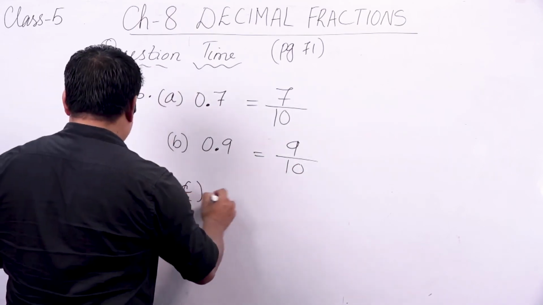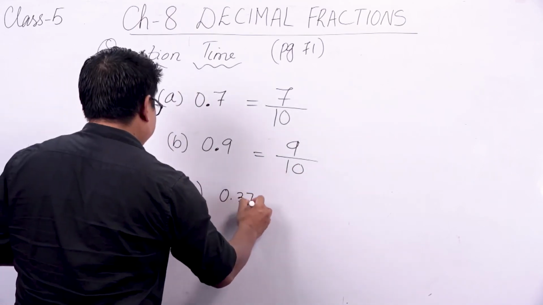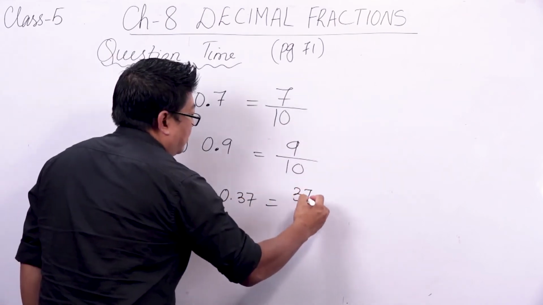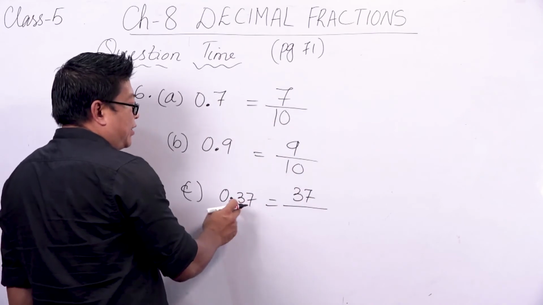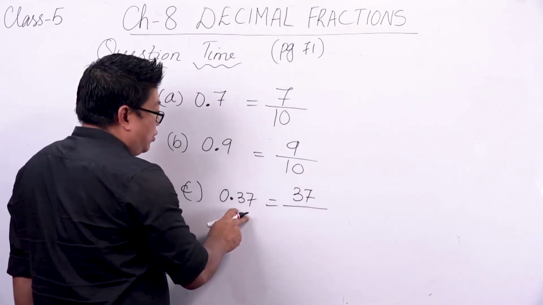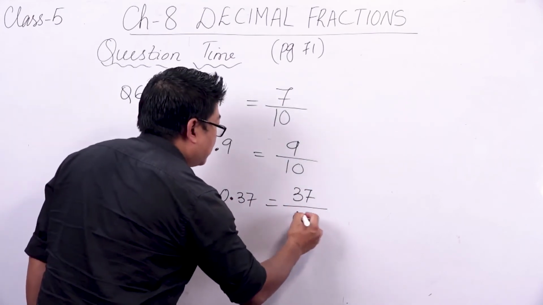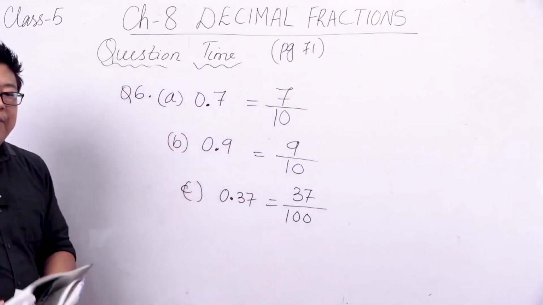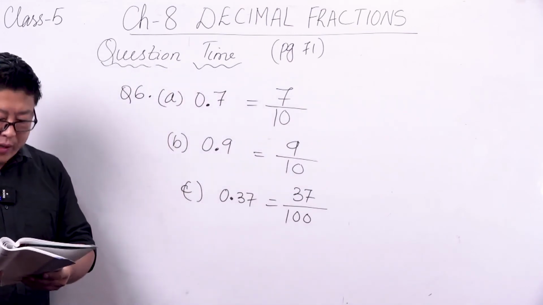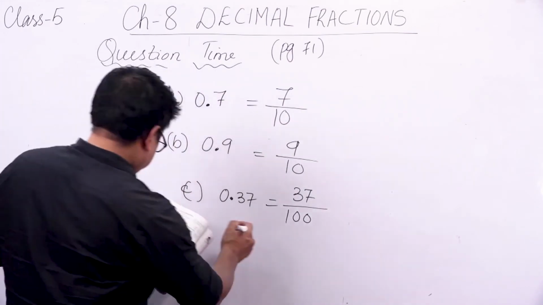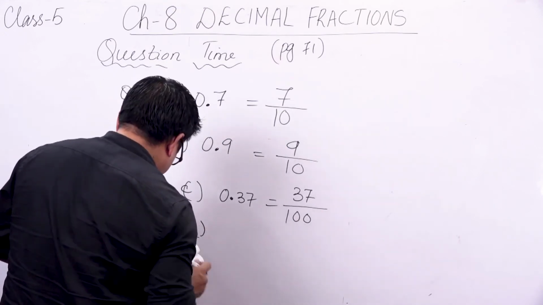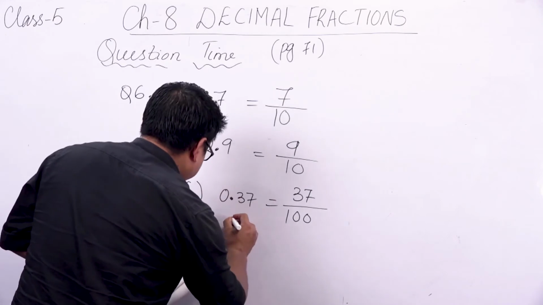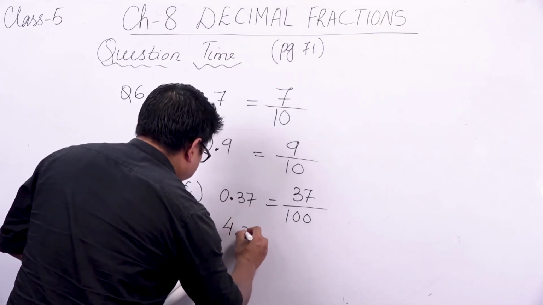Similarly, C, 0.37. Now, without the point, you can write 37, divide by, how many digits here? Yes, there are 2 digits, so 2 zeros and 1. Right? I think you can do this. It's quite easy. I'll do one more. E. Let's try E. E is given as 4.3.